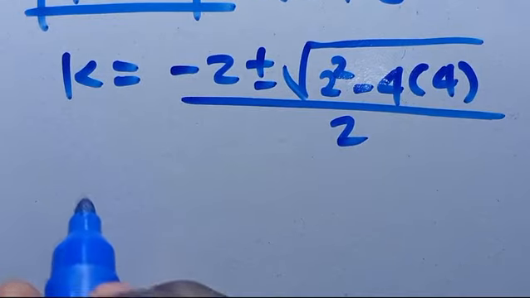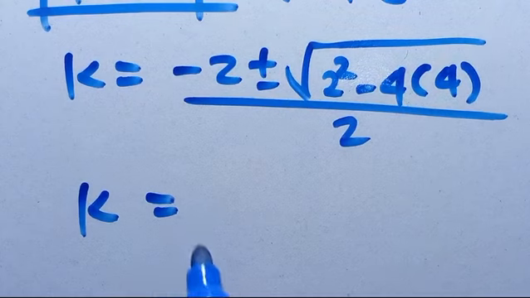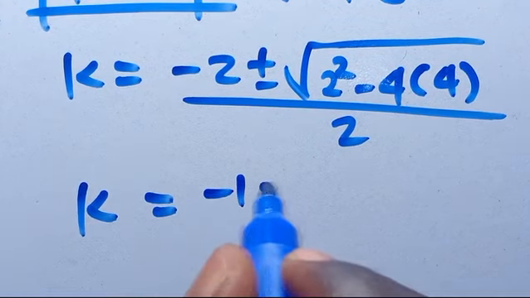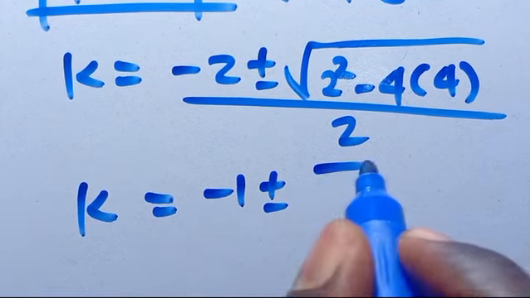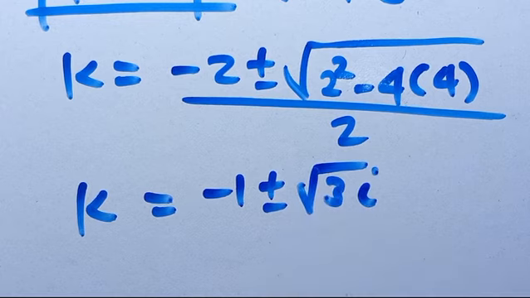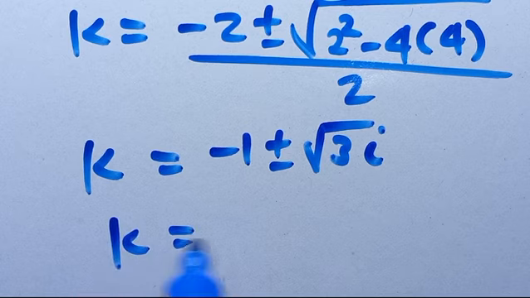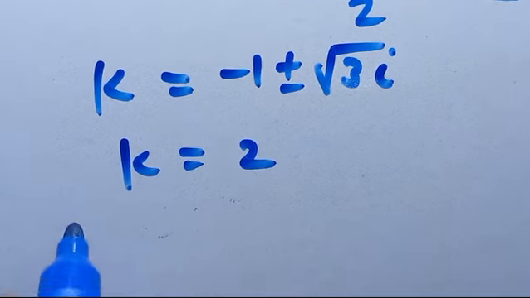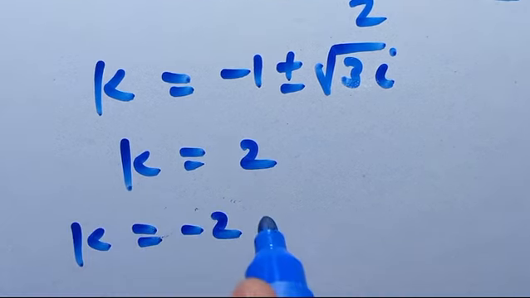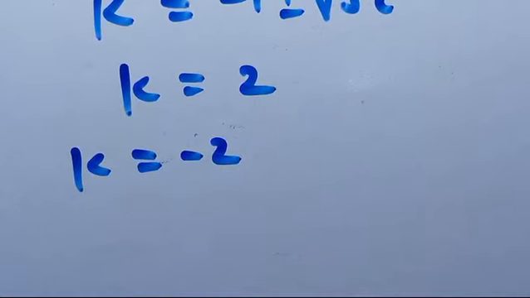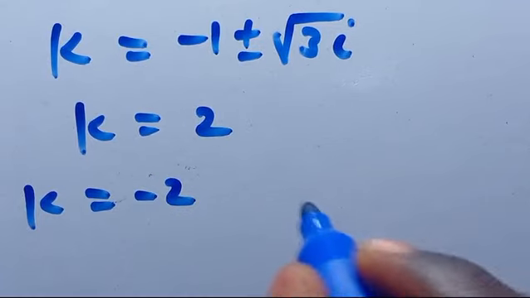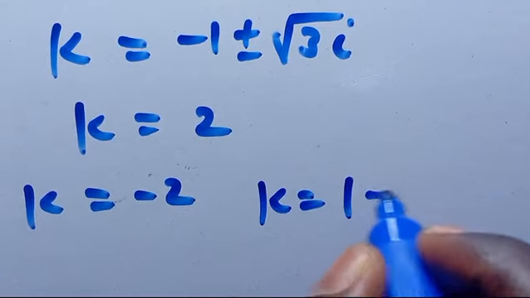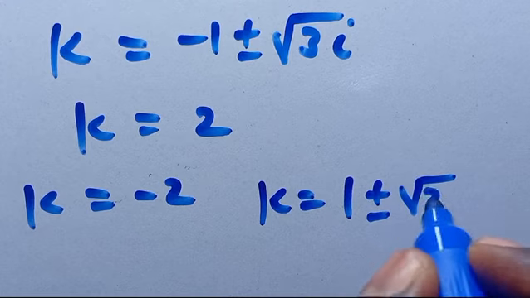So from here too we are going to have k equals minus 1 positive or negative root 3 multiplied by i. So k equals 2. The first is k equals minus 2. Then we also have k equals 1 positive or negative root 3i.